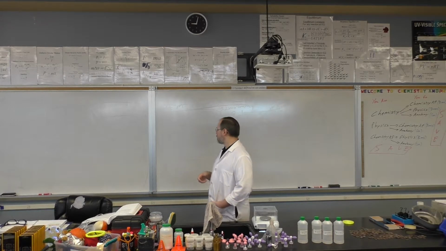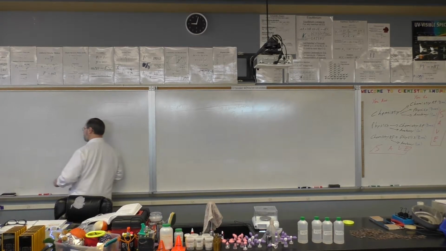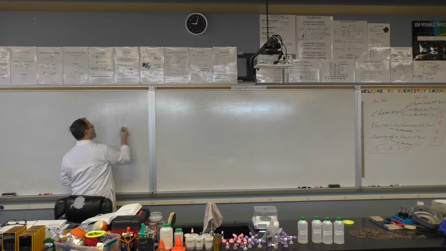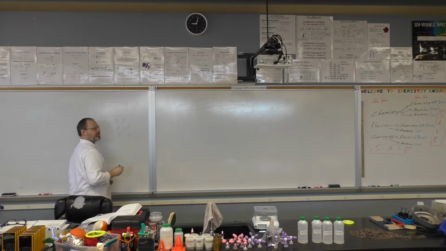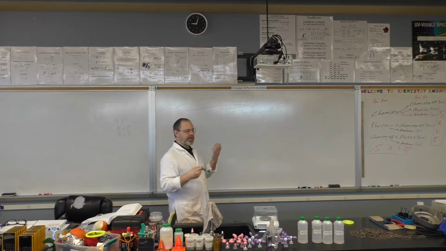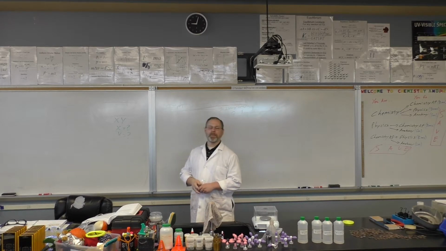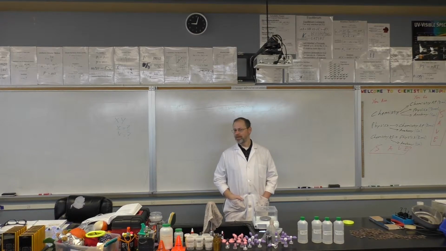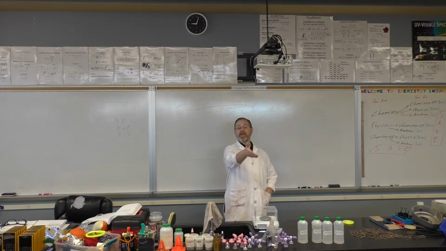So if you look at something and you're like, okay, I got a chemical that's XY, how much is X? And how much is Y? If you had a formula that was XY, could you just look at that and say, I know how much is X and how much is Y? No. Why? Because they could be anything.